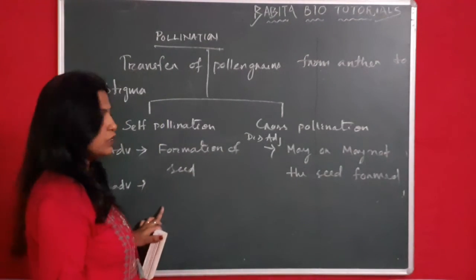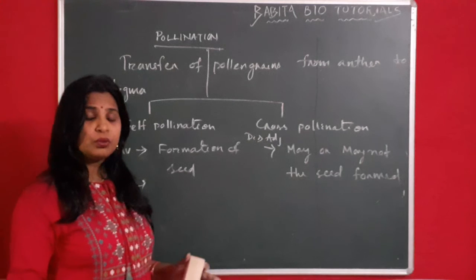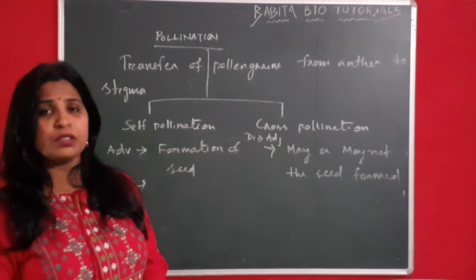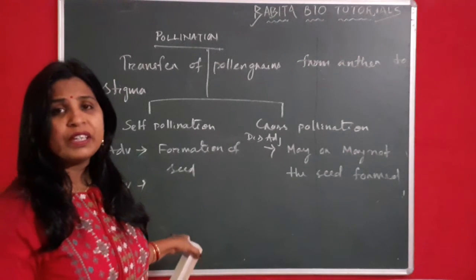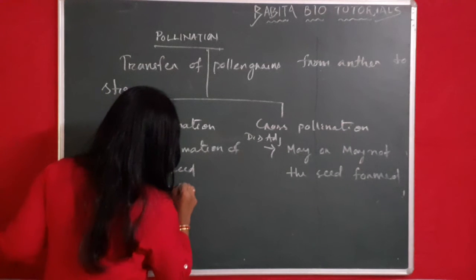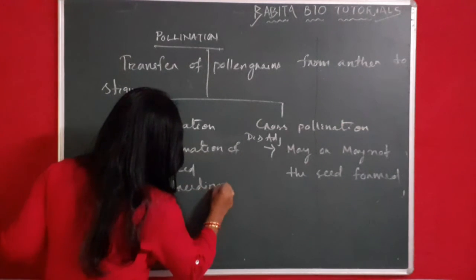That is a disadvantage. Also, if the flower continuously undergoes self-pollination, it leads to inbreeding depression. That is a disadvantage.